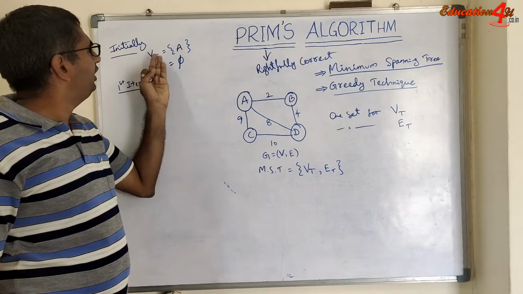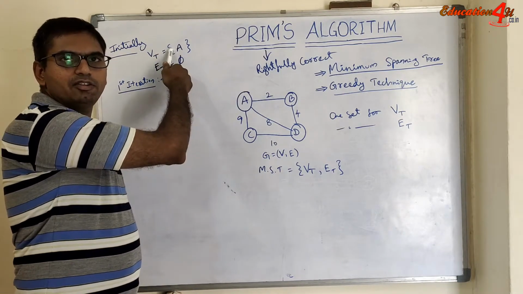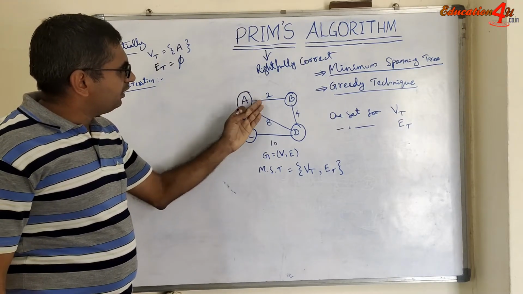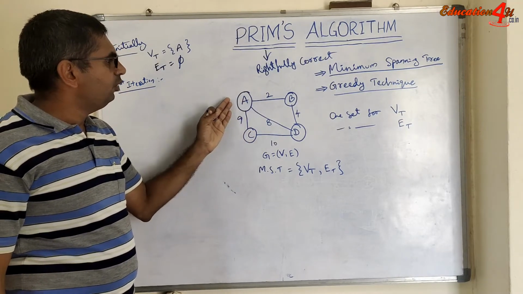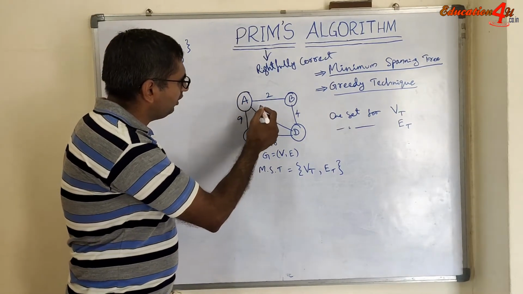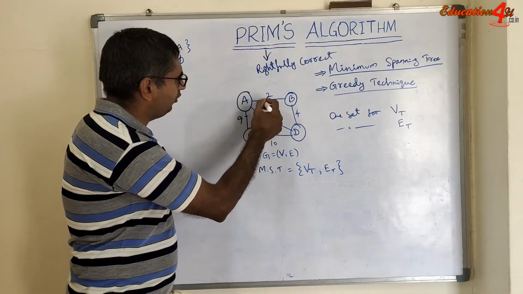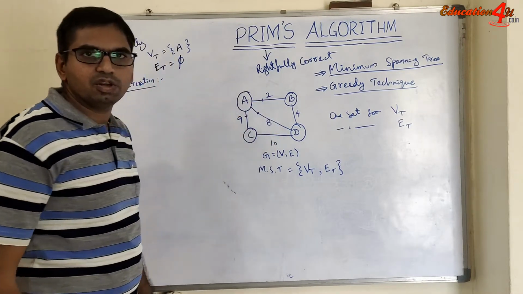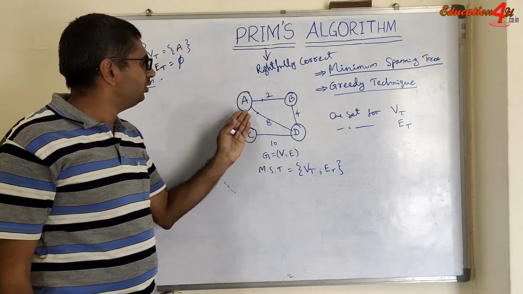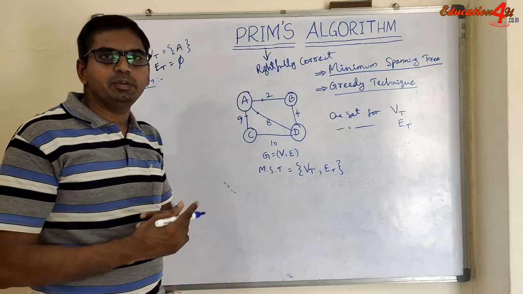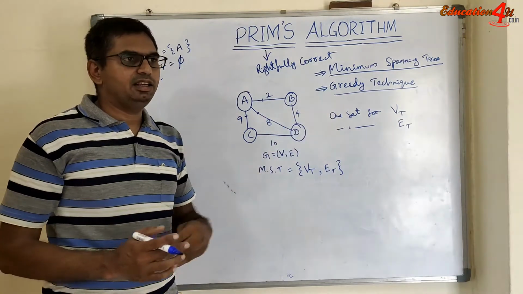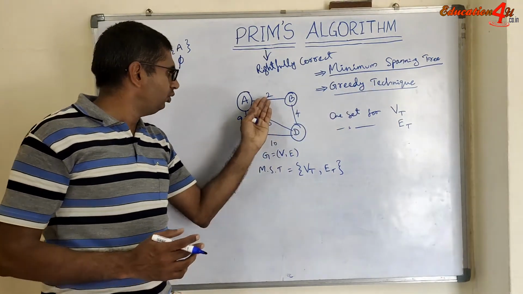Right now Vt has only one vertex available, that is A. So now we will select those edges which have one of the vertices as A. There are 3 edges right now available which we can choose. Among these 3 edges we have to choose the edge which has minimum weight, as we are choosing the edges greedily. We will be using greedy technique to select.